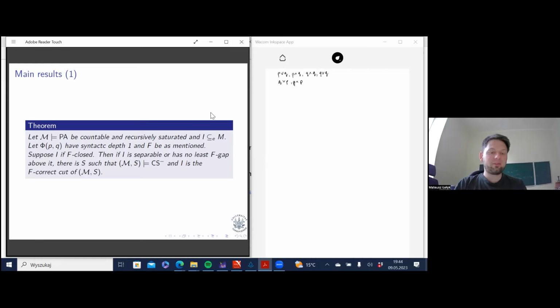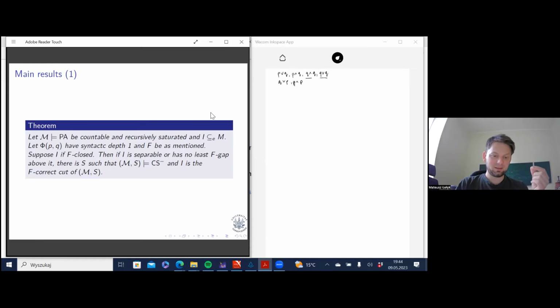And let F be the operator generated by this template phi. So we suppose that I is F closed. So either in the case where F is accessible, this adds nothing. In the case where F is additive, in this case and this case, we require that I is closed under addition.